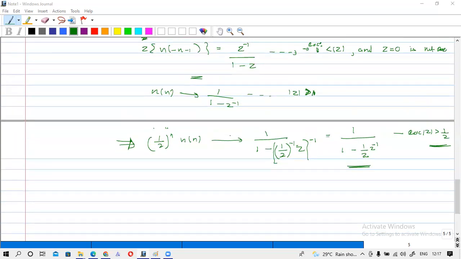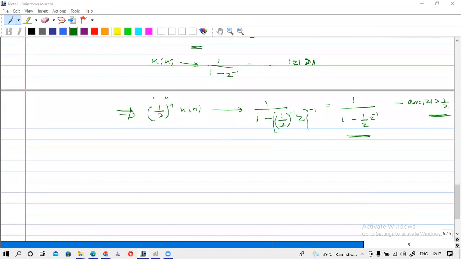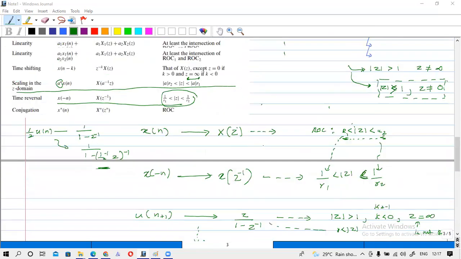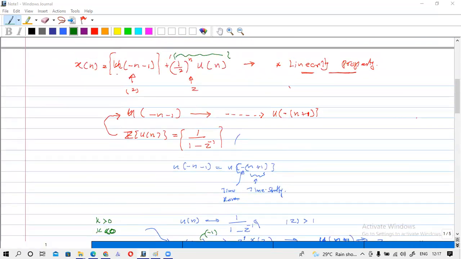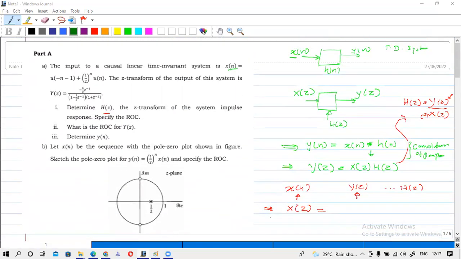Now we have found this term's z transform and this term's z transform. Both we have found. Then by adding them, you can simply find the composite signal's z transform, and the ROC will be common for both.